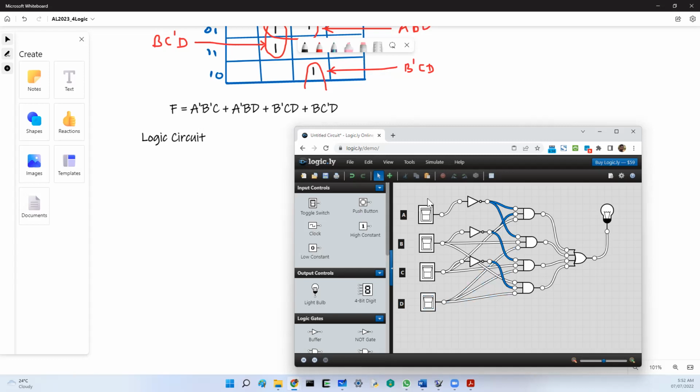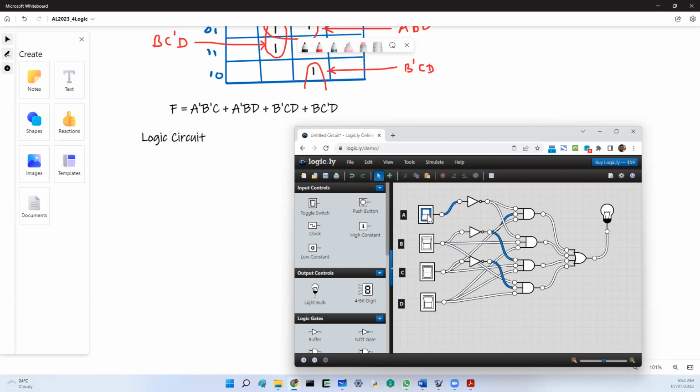But whenever we have 0, 0, 1, 0, you can see the bulb is on. So that's a prime number, right? Then 3, that is also a prime number. 4 is not a prime number, but 5 is a prime number. 6 is not a prime number. 7 is a prime number.